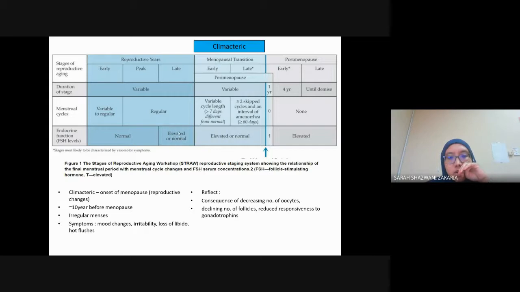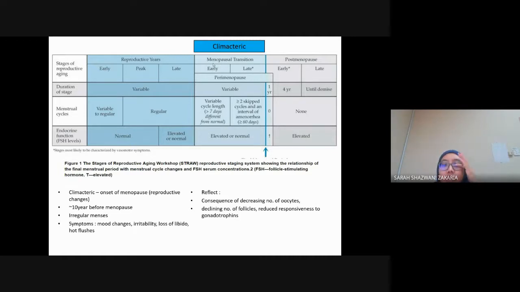So you can see at the late reproductive years here, towards the menopause event, slightly elevated FSH. So this one we can relate with the depleting number of follicles. Here is like an early phase of experiencing the menopause, or even the menopausal transition before the event of menopause here.